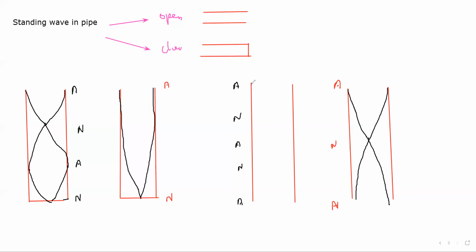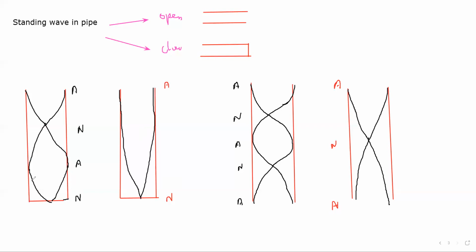So antinode is maximum amplitude, node means zero amplitude. Then antinode maximum amplitude, then node zero amplitude, then antinode maximum. And when I make a representation of a standing wave, it will be like this. But always at the open end you will have antinodes, and at the closed end you will have nodes.